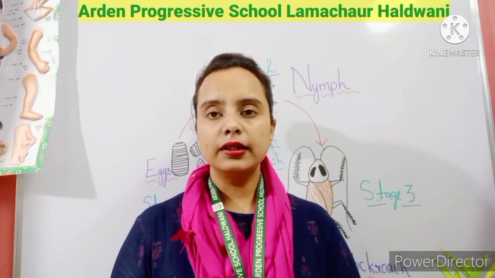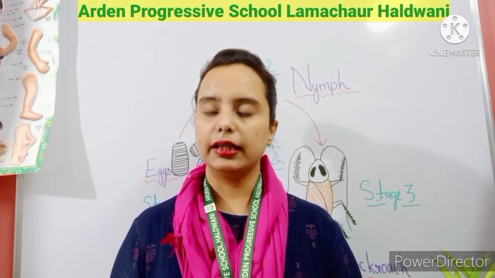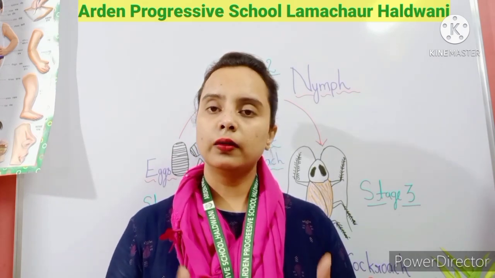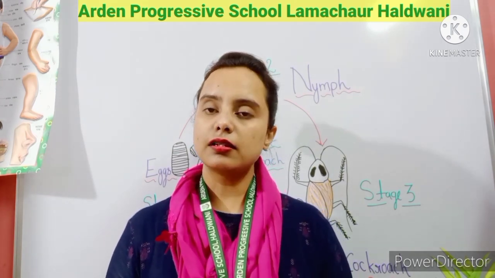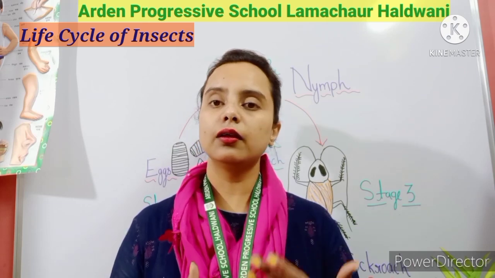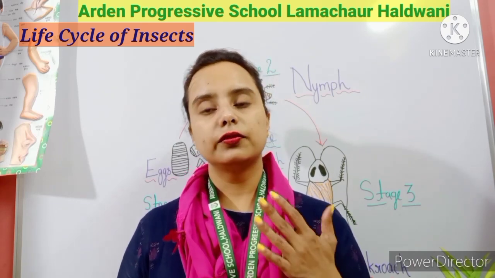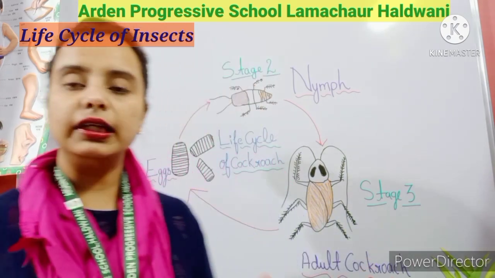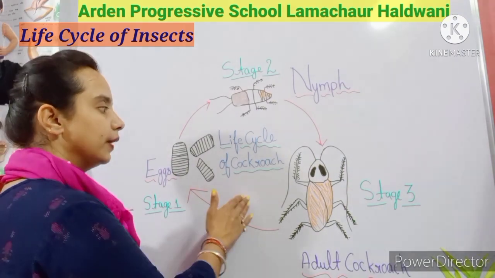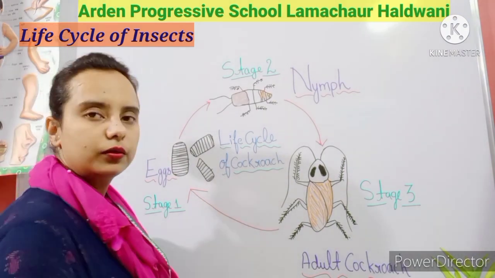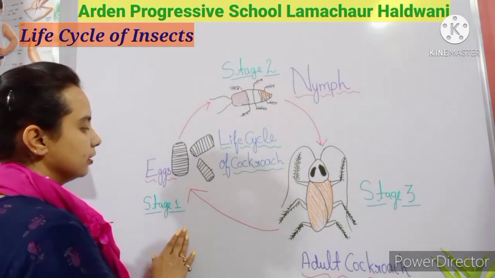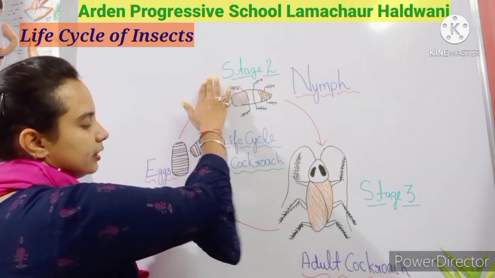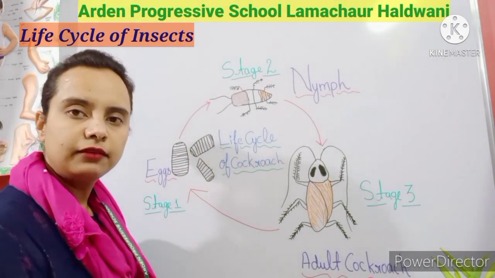Students, all the insects develop from an egg, and insects like the grasshopper and the cockroach undergo 3 stages to complete their life cycle. So here is the life cycle of a cockroach. These are the 3 stages: first stage, second stage, and the third and final one.